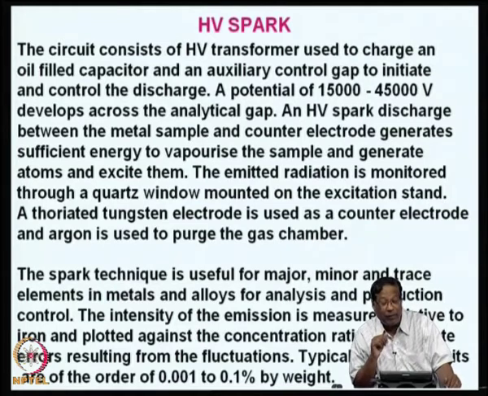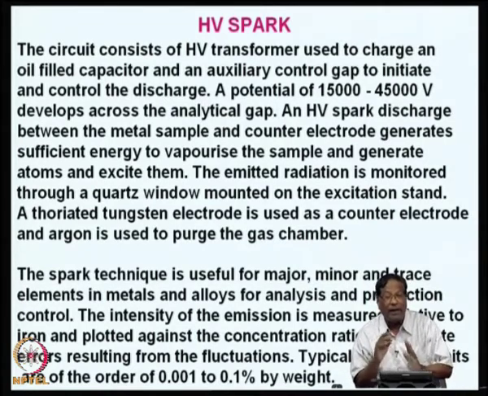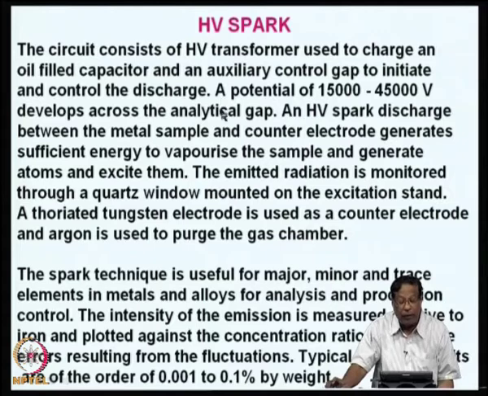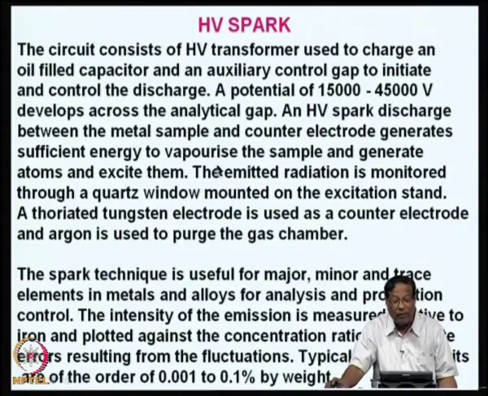So, here a potential of about 15,000 to 45,000 volts develops across the analytical gap, that is a huge voltage. A HV spark discharge between the metal sample and the counter electrode generates sufficient energy to vaporize the sample and generate atoms and excite them.